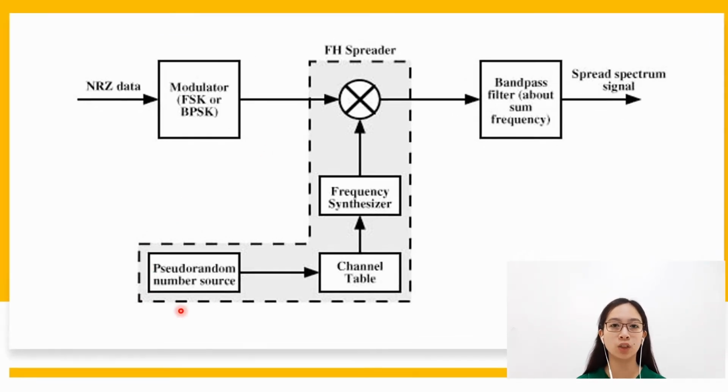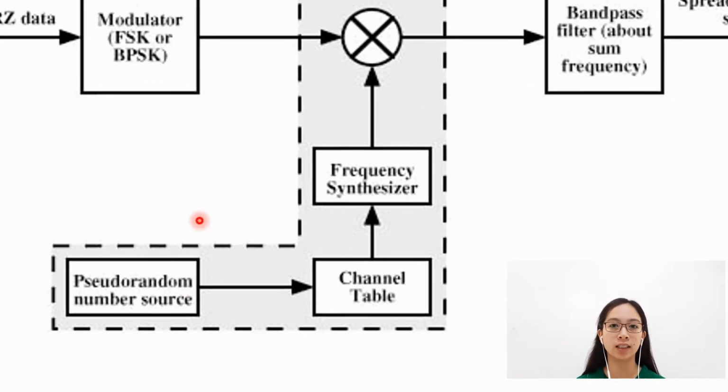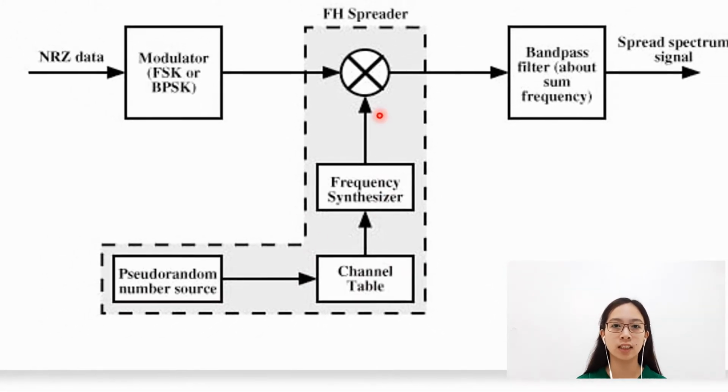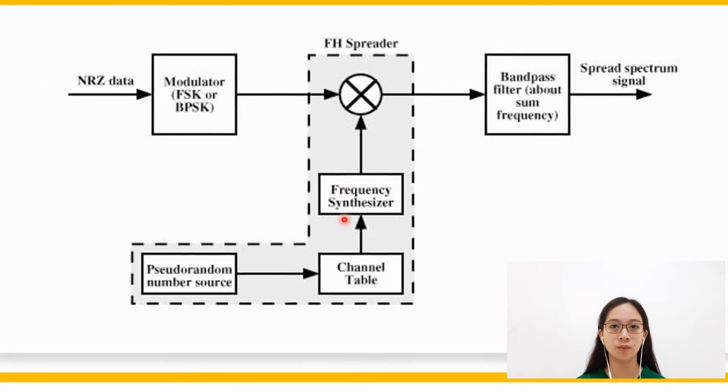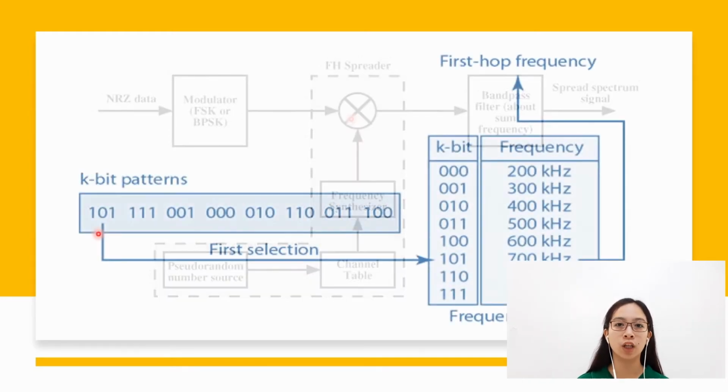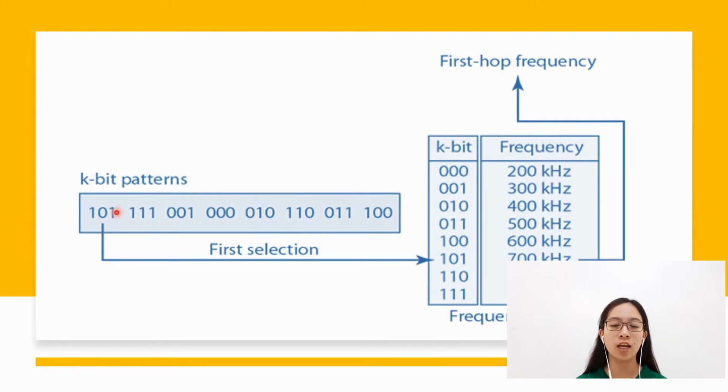A pseudo-noise source serves as an index into a table of frequencies. This is the spreading code. Each k bits of the PN source specifies one of the 2^k carrier frequencies. In the figure, there is a 3-bit code in the pseudo-random number source, therefore, the total combination is 8.